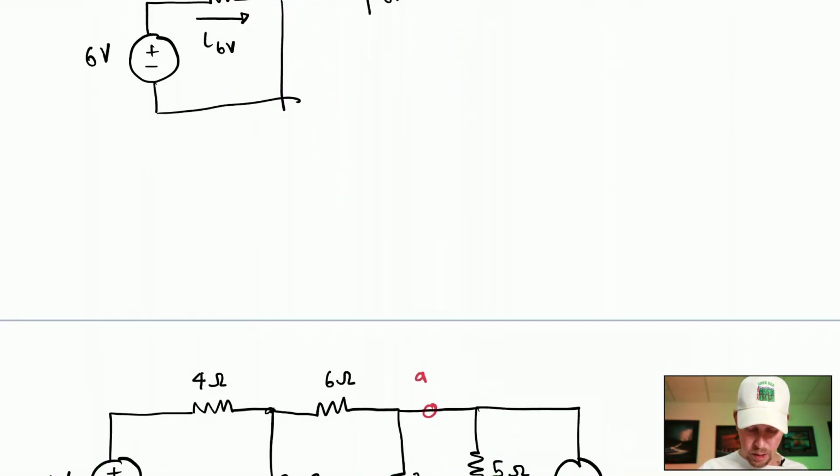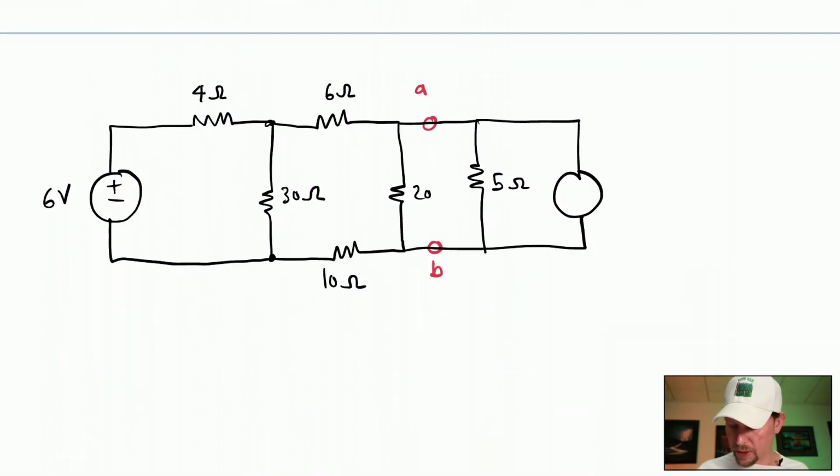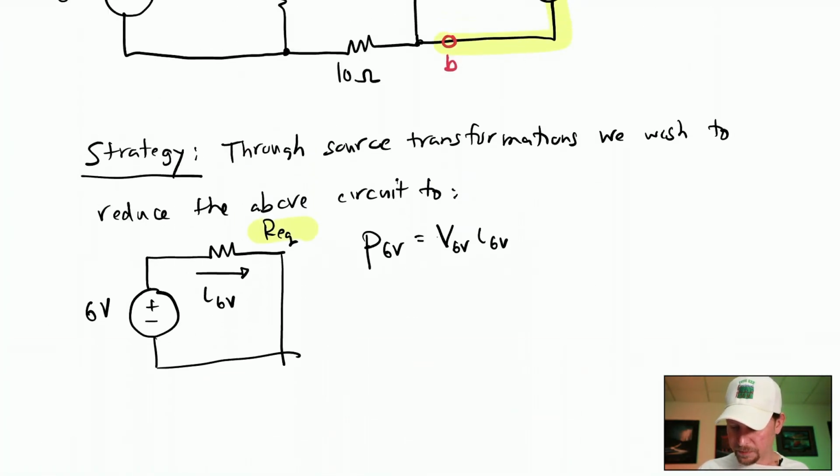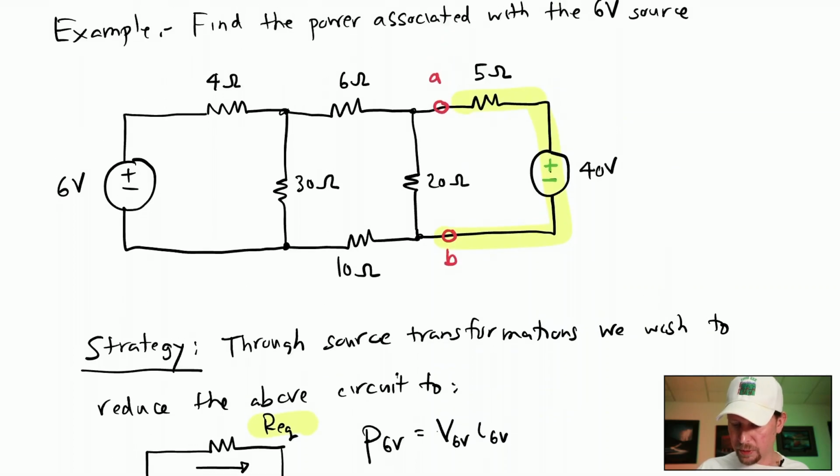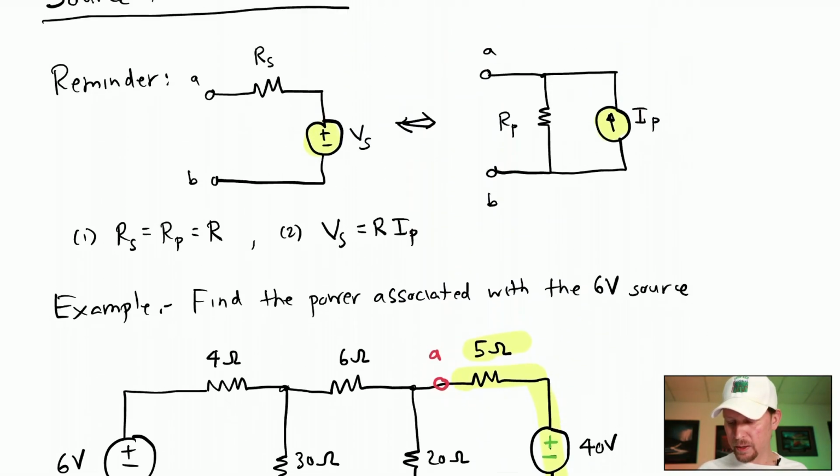So over here, I have no choice but to say that the current is going up this way. On top of that, the value of this resistor and the value of the resistor up here are the same value. The question is, what should the value of the current be in the current source?